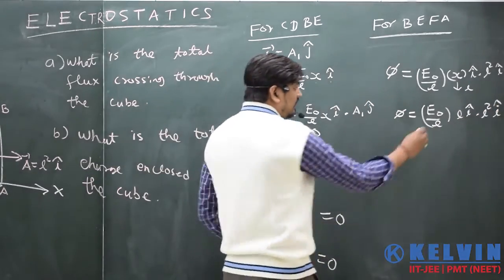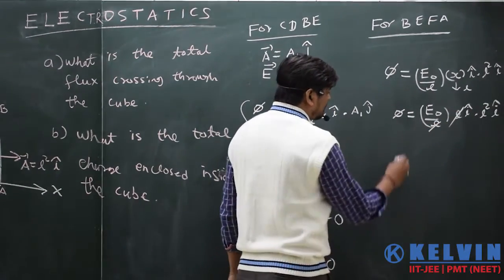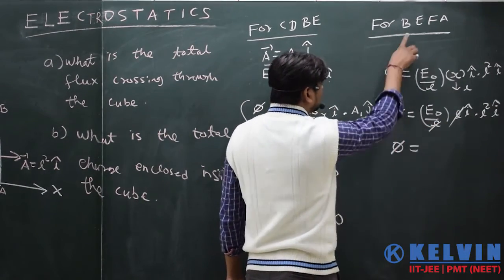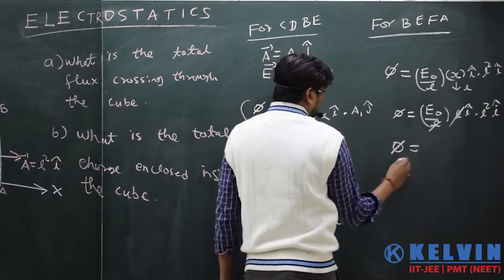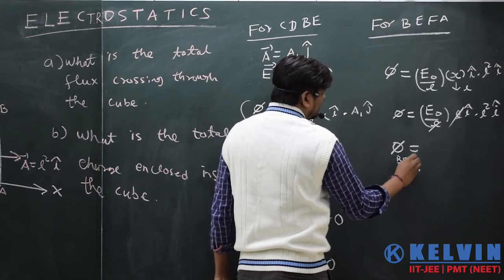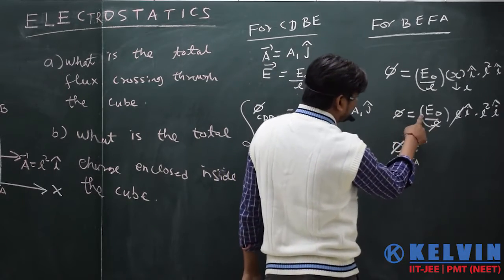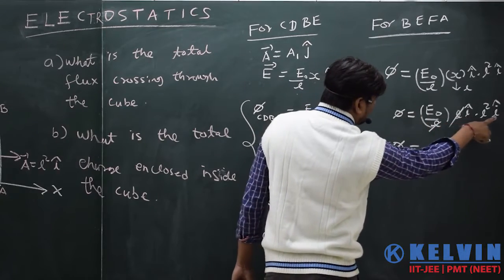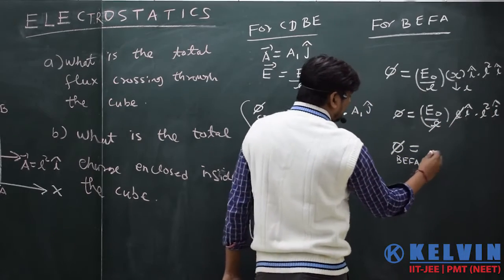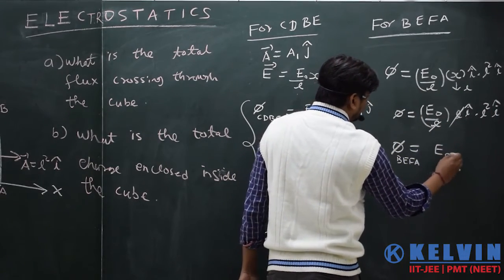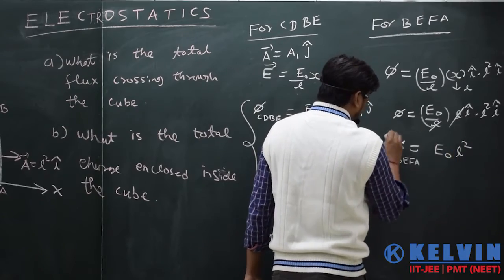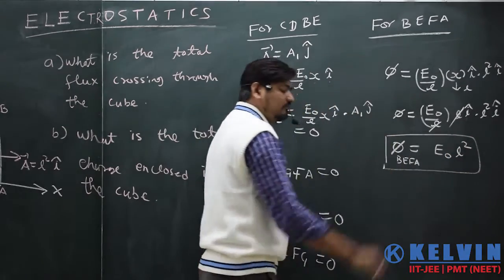And then L will get cancelled out. The phi associated with BEFA will be equal to E naught. I cap dot I cap will be equal to 1. So it will be equal to E naught L square. Right?